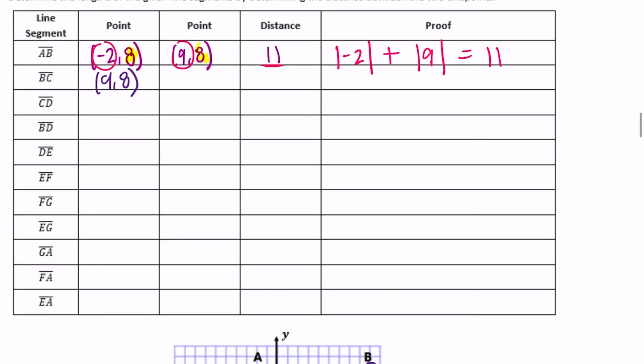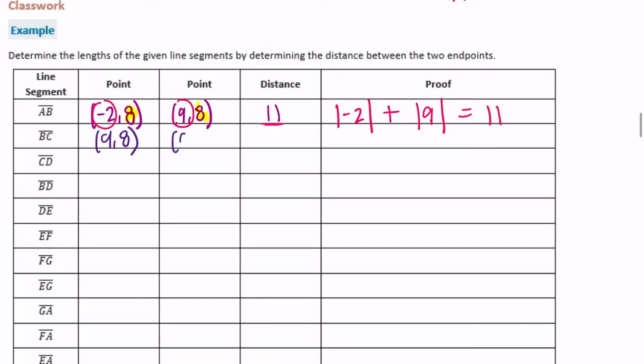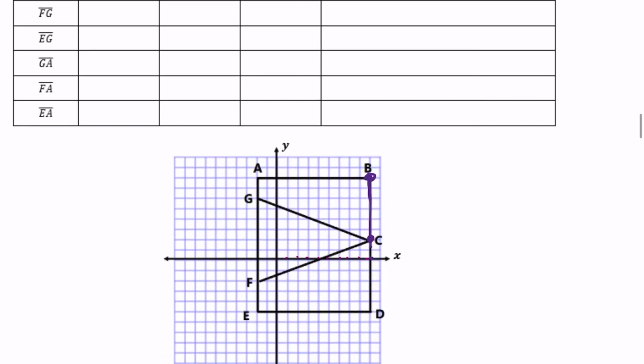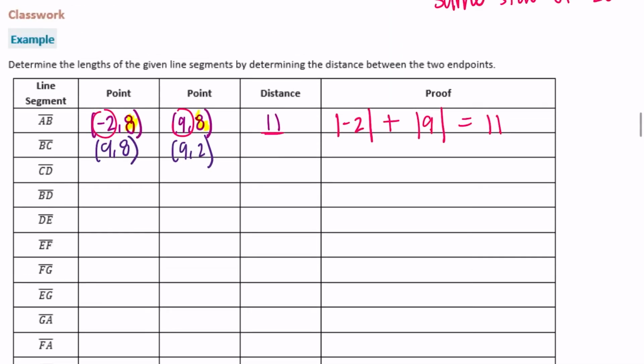And C is at 9, 2. Now I'll find the distance by doing the proof. So what I notice is that BC, they're both on the same side of 0. So here's 0. They're both above 0. They're both positive. So in this case, I'm going to be subtracting their absolute values.